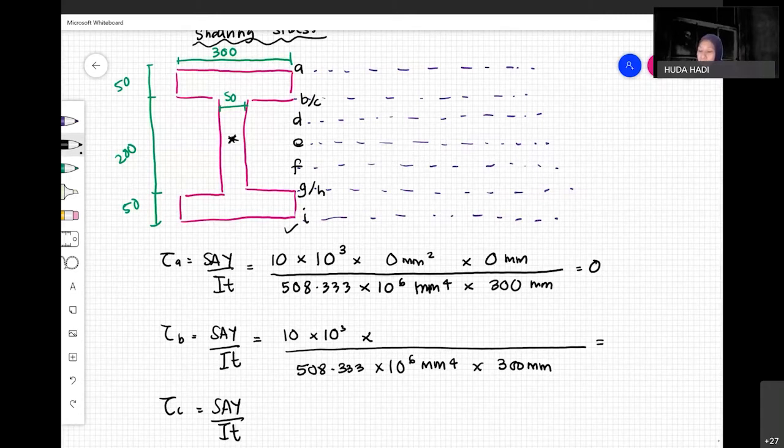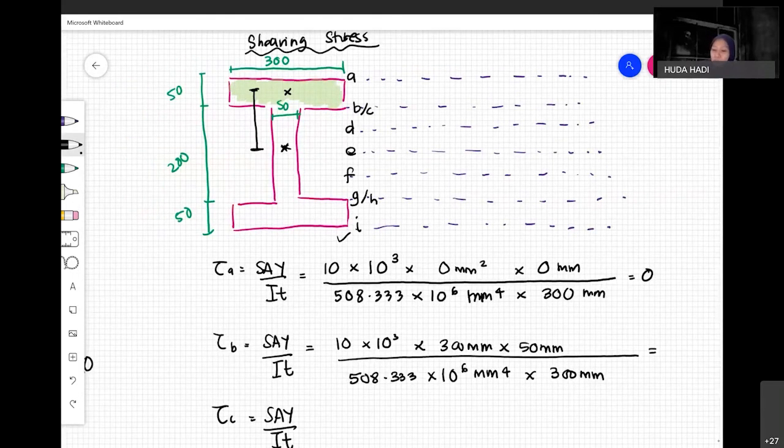So area above B. What is the value for area above B? So area above B yang mana? So ini area above B. Berapa dia punya dimension? So it is 300 by 50 mm. Kat mana centroid of area above B ni? So area above B, the centroid should be here. Kan, mestilah kat tengah-tengah between A ke B tu. So the distance Y tu adalah the distance from area above B to the centroid semua.